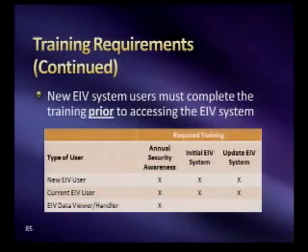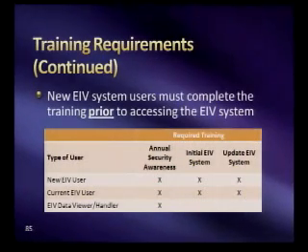And then this is just a little table to show you. I love this table. I created this because a lot of folks didn't quite get what training an individual is required to have. Notice if you're a new EIV system user, you have to take all 3 trainings. If you're a current EIV user, guess what? You have to take all 3 trainings. See how simple that is? Annual security awareness, initial EIV system, and updated EIV system training.